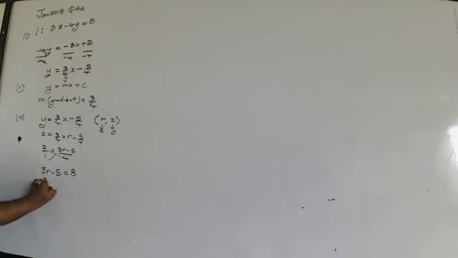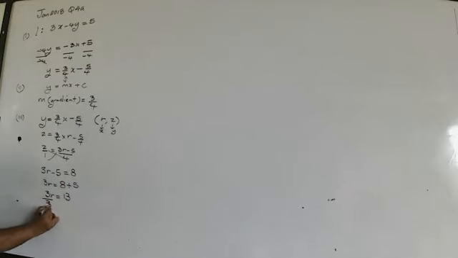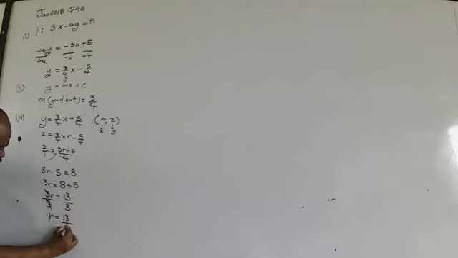So now we have 3r is equal to 8 plus 5. 3r is equal to 13. What is the last step? Divide both sides by the coefficient of 3. R is equal to 13 over 3.